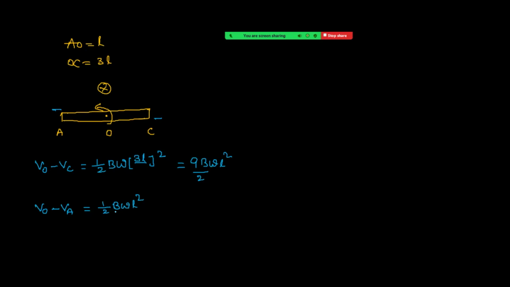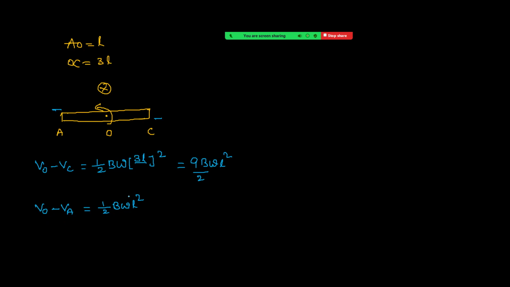Now see the options. VO minus VA is half B omega L square, but he wants VA minus VO. That will be how much? Minus half B omega L square, negative.